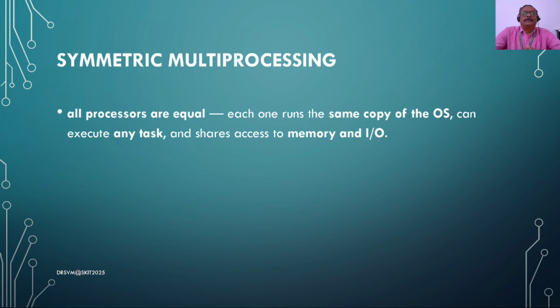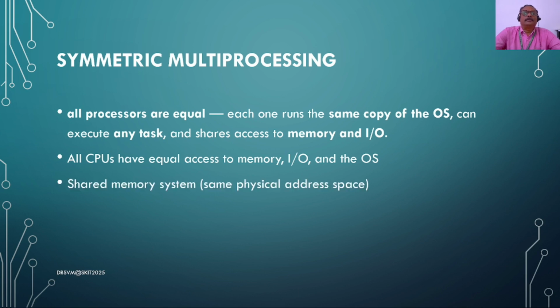All the processors can share the same memory and IO. So that makes things real parallel processing, and all CPUs have equal access to the memory, IO, as well as the operating system.